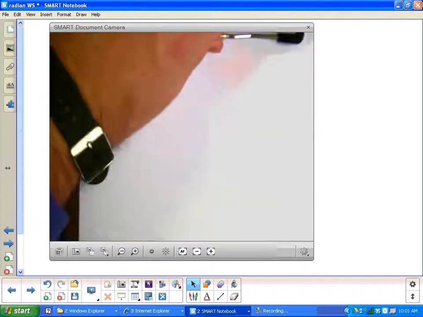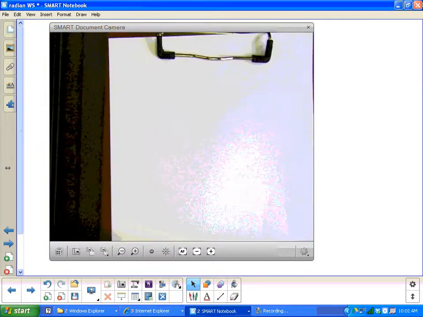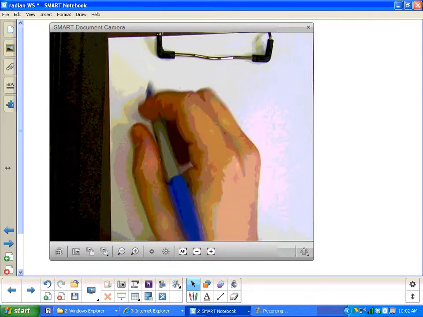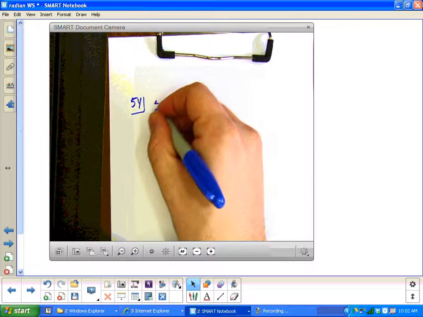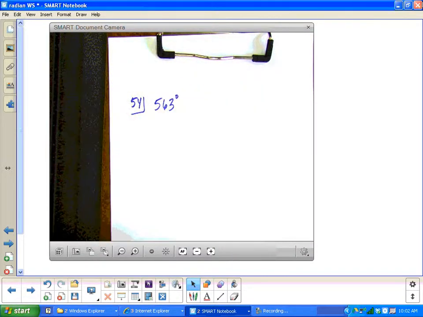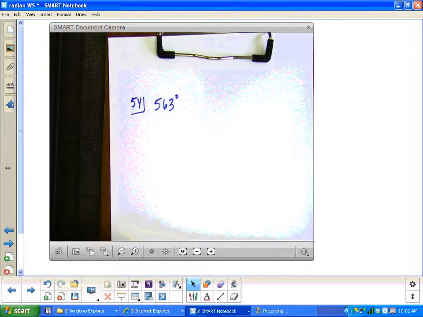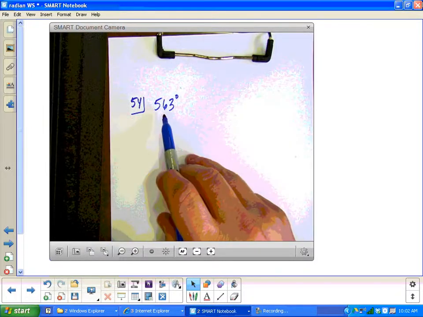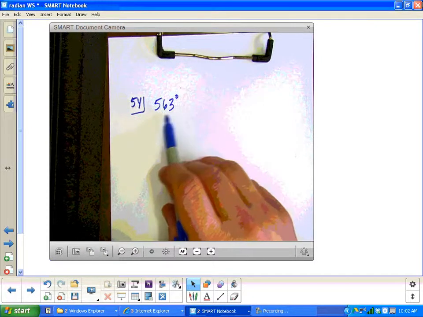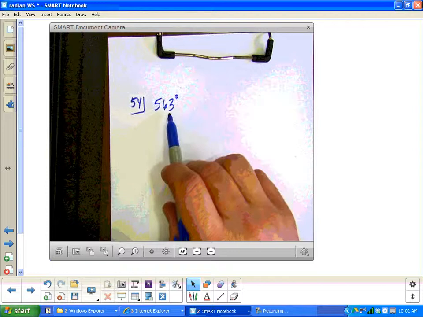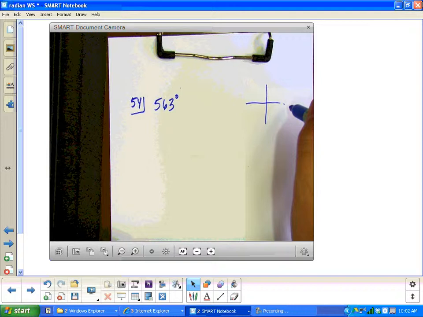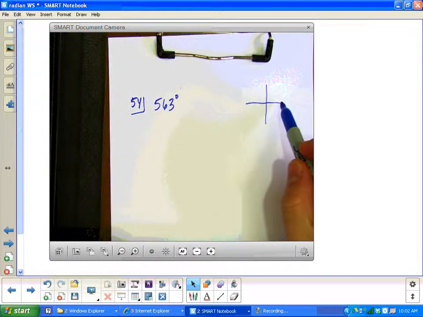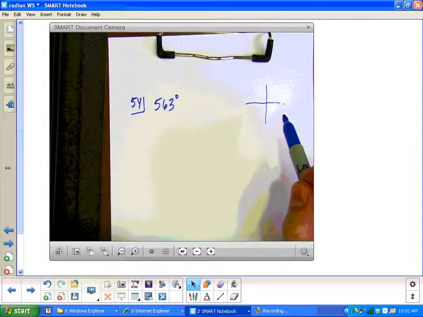Let's see number 54. I'm going to find the reference angle for 563 degrees. If we want reference angles, we want to know what quadrant it's in. And if we want to know where it is on my coordinate plane from standard position, we want it to fall between 0 and 360. So we want to find a coterminal angle.